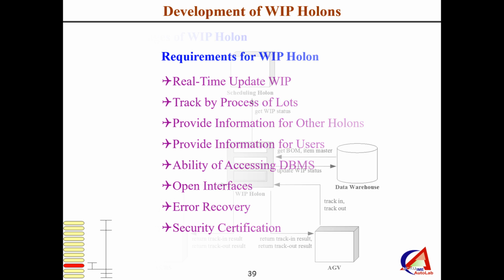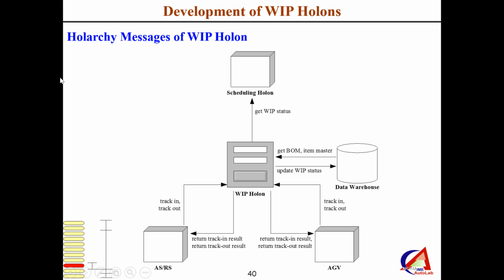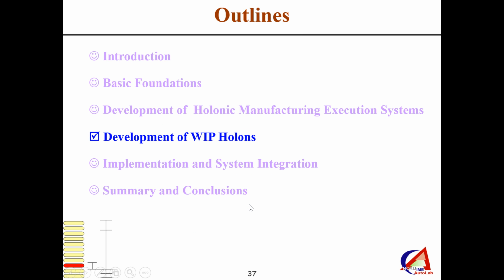Okay, so you see, and the Holonic message, the WIP. This is the WIP holon. So we will identify this module and we will check all of the interfaces shown here. So this interface has got to be exactly the same as what we showed here.